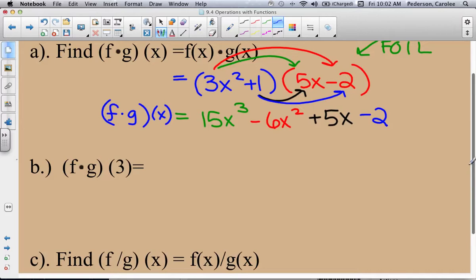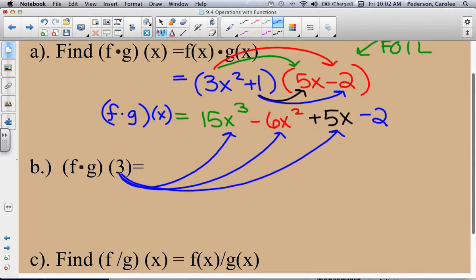In part B, we want to take f times g of 3. Well, we've already found f times g, so now we just evaluate the function wherever there's an x. So we're going to substitute 3 into those 3 places.